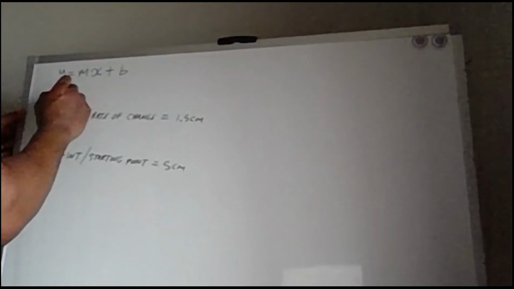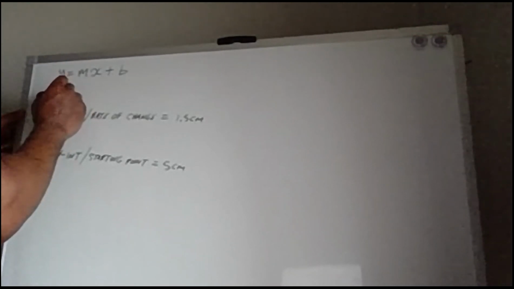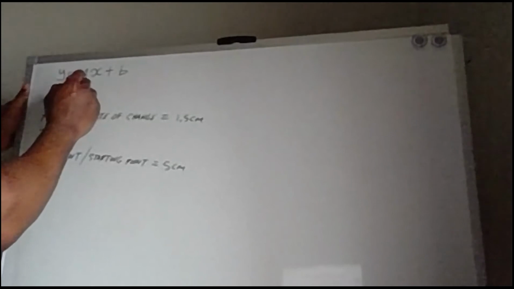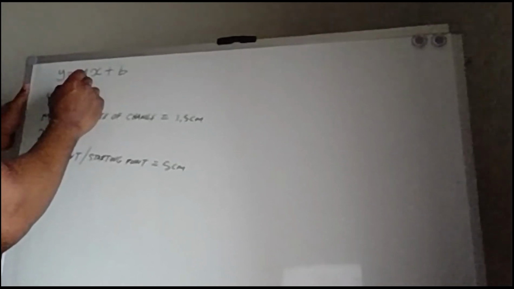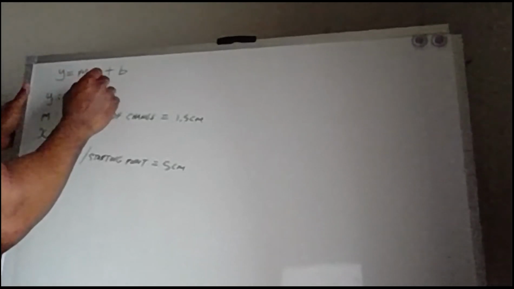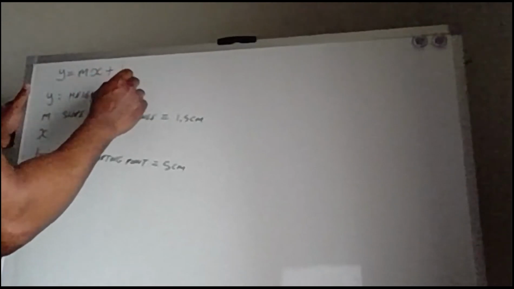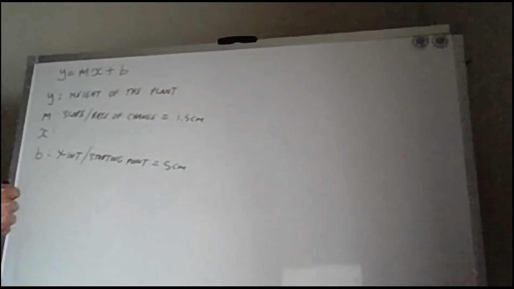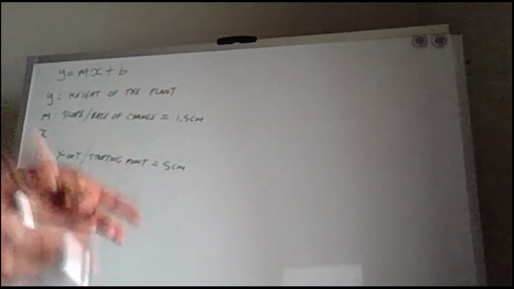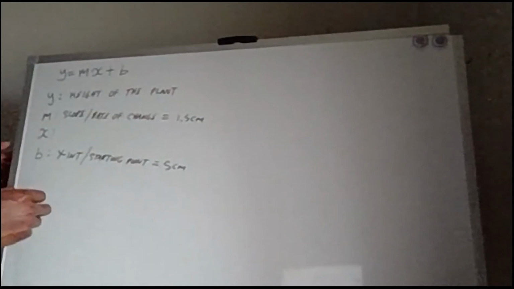Therefore, our dependent variable, which usually is y, is the height of the plant. And our independent variable is the number of days.